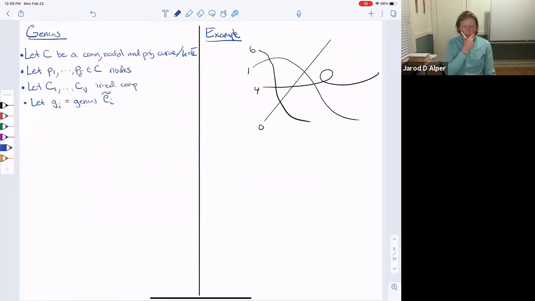Okay, so let's suppose we have a curve C that's connected, nodal, and projective over an algebraically closed field. And then we let P1 to P delta be the nodes, so delta is the number of nodes. In this example, delta is 1, 2, 3, 4, 5, 6, 7.